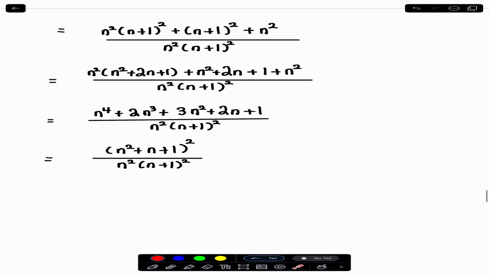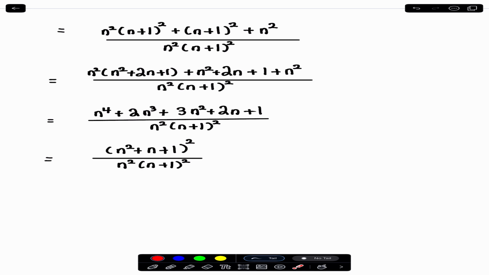And if that was a little too fast to see how we went from here to here, we can just tell for anything that goes (a plus b plus c) squared, where a is n squared, b is n, and c is 1, we've produced an n squared squared. We get an n squared term, and then we have a 1. And then the remaining terms are twice the product of each pair.